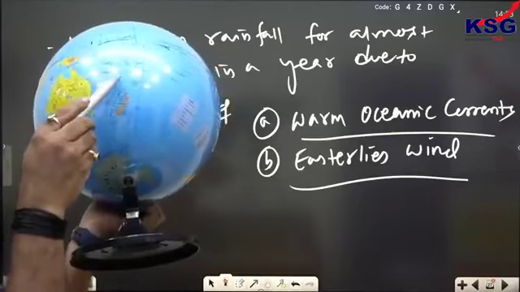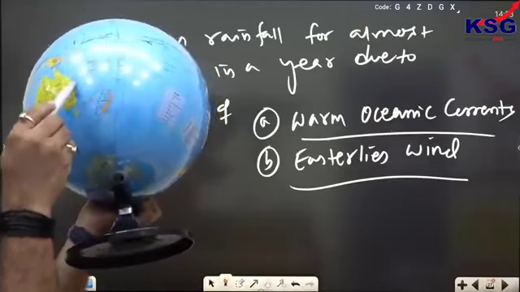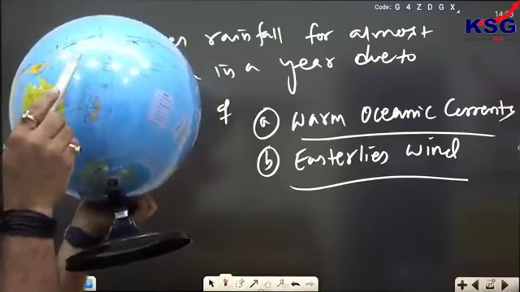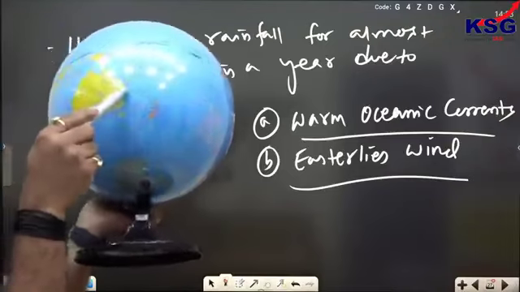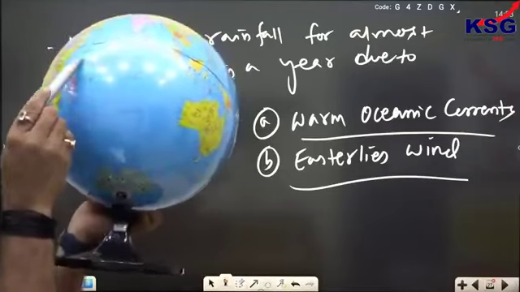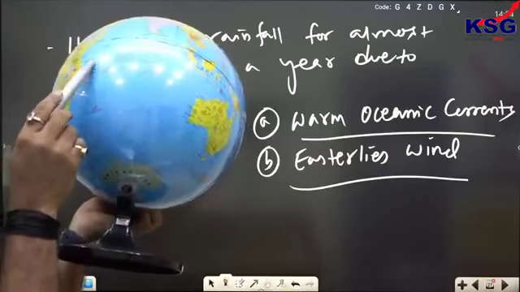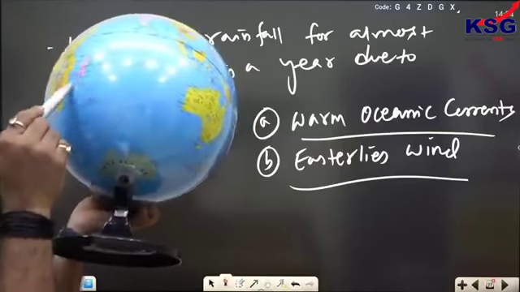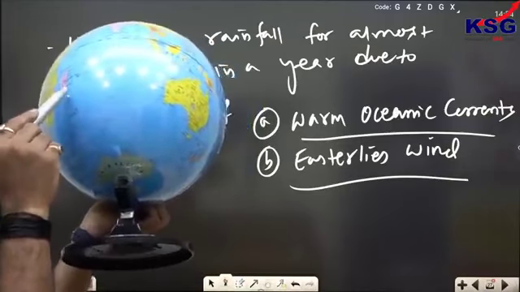Here you have the East Australian current, which is a warm current. In the same way, for Natal climate you have the Mozambique current or Agulhas current.